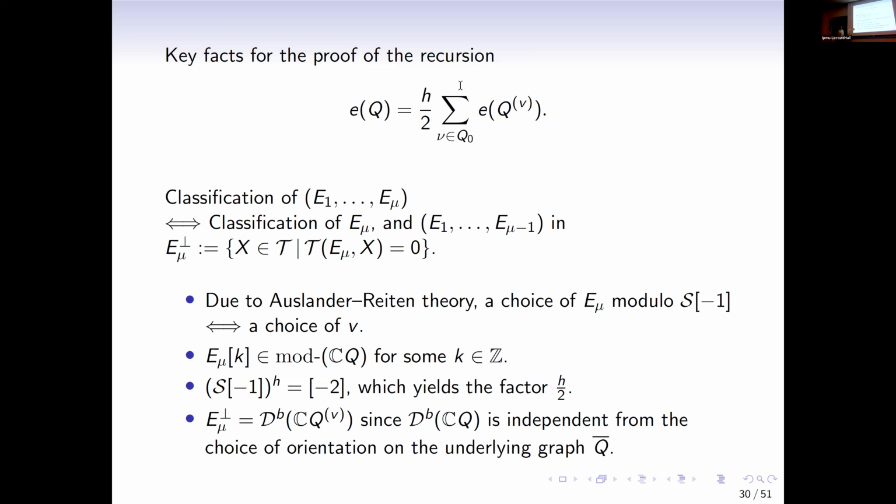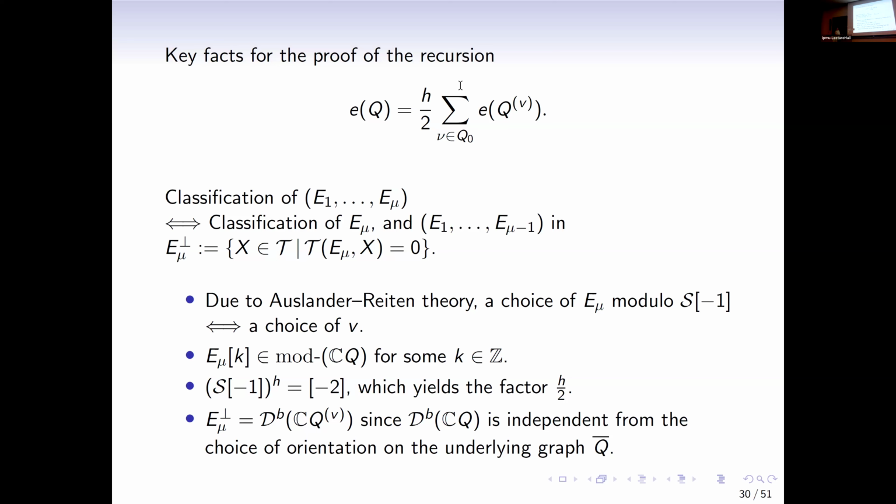This is the key idea. For the first part, the classification of the last exceptional object, due to our optional identity, a choice of this exceptional object, modulo Coxeter functor or derived translation, is nothing but a choice of the vertices in the linking quiver.